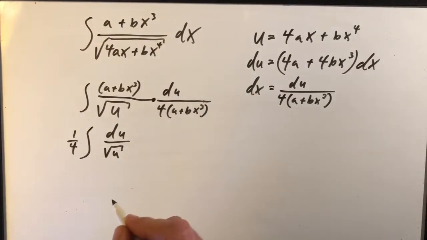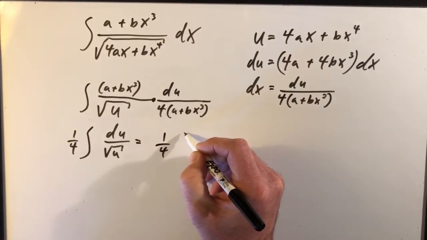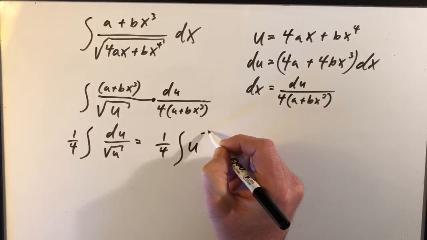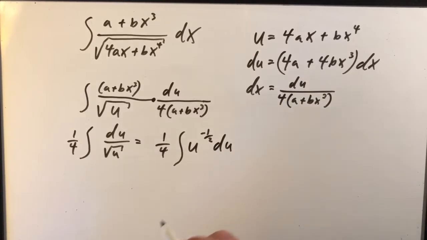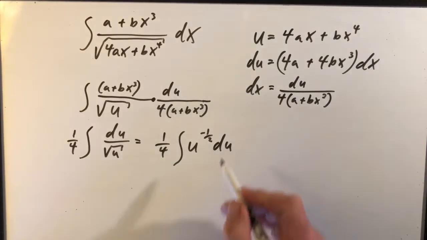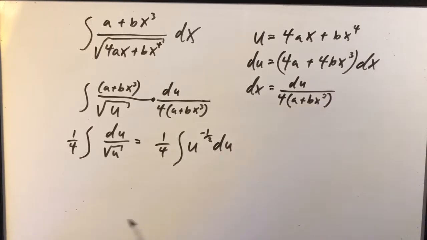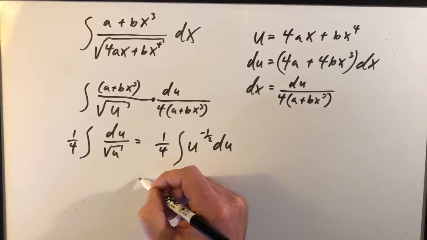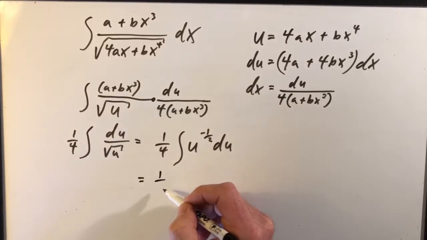Piece of cake now, right? Because we know 1/4 of this actually equals u to the negative 1/2 du. So we can solve that just by taking this exponent and adding 1 to it.